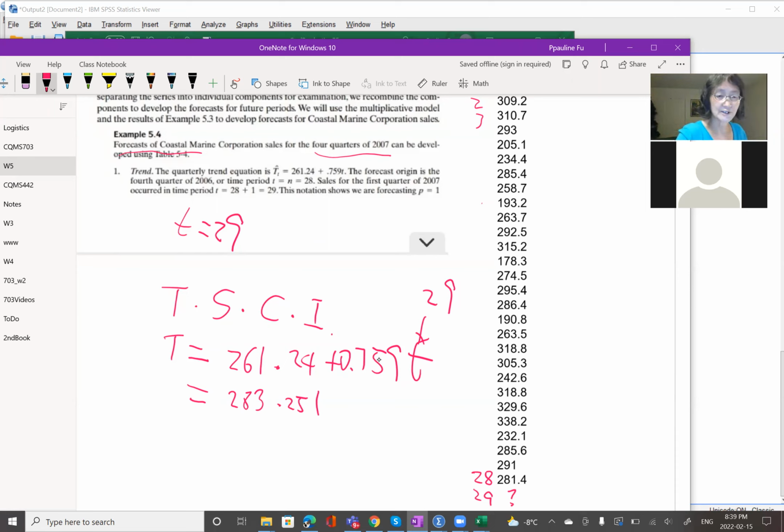And next, you need the S. S is the seasonal index, and that is 0.79 67. Okay.